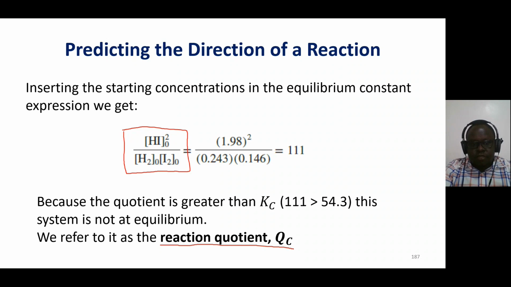So for you to increase the magnitude of that value, you have to increase the numerator in this case. To increase the numerator, the direction needs to move towards the side where you're producing more of this HI.